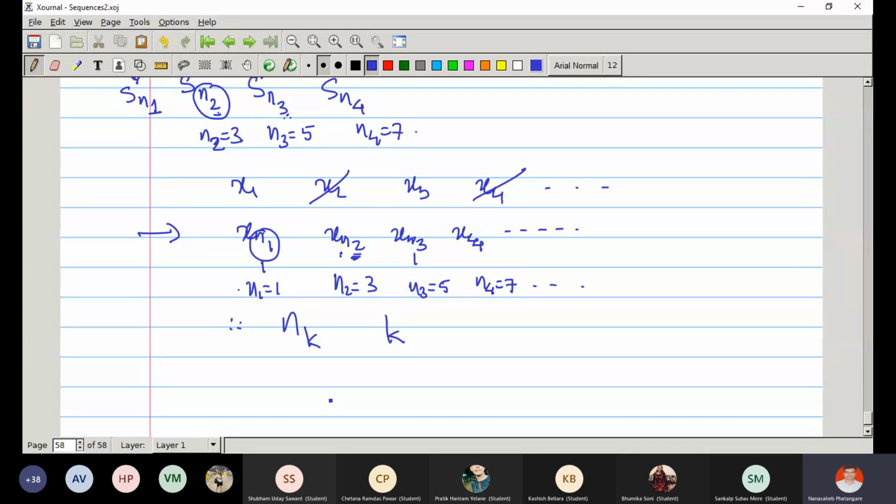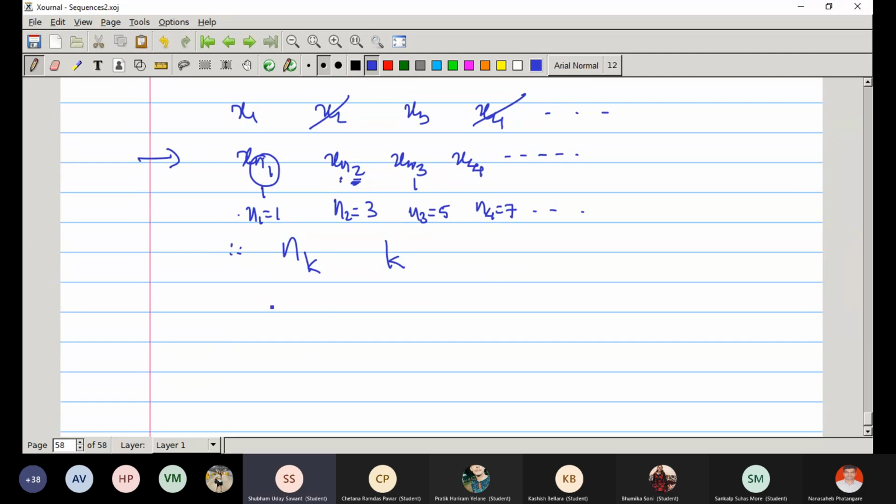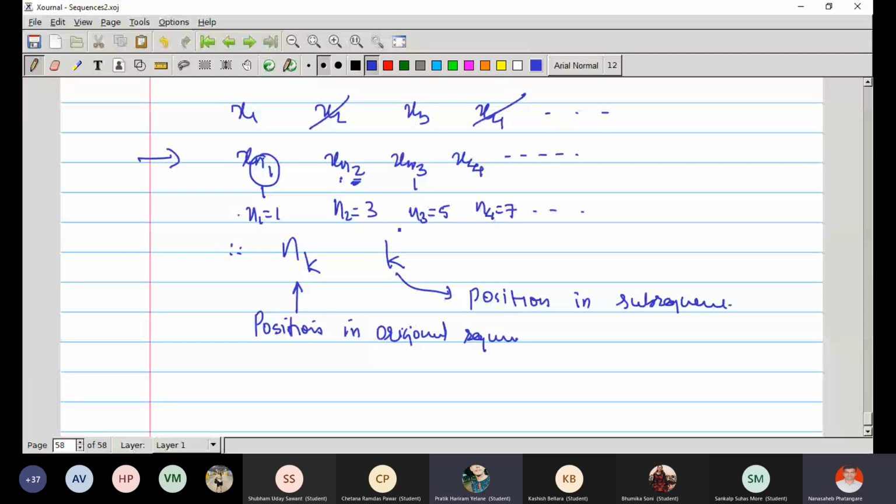What is the relation? What is n_k? n_k is 2k minus 1. But n_k is the position in the original sequence. Do you understand? And what is k? Look at x_n2.